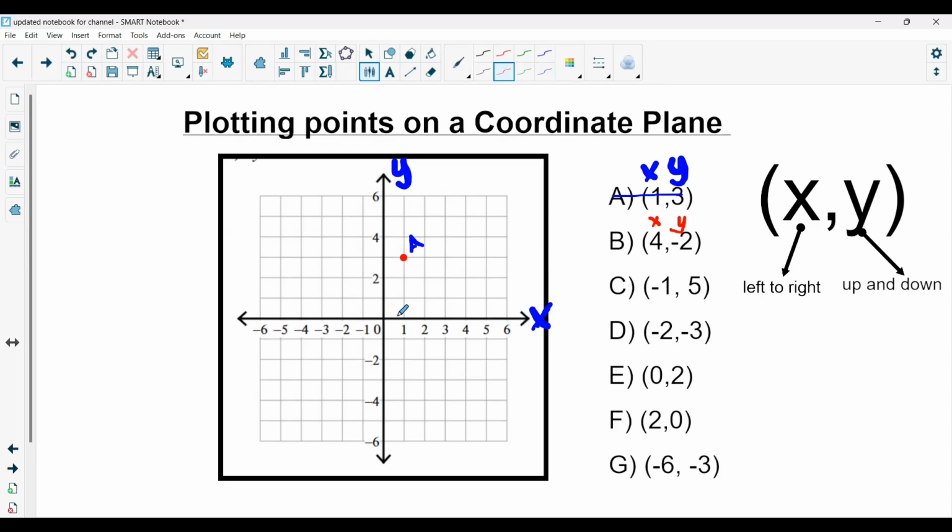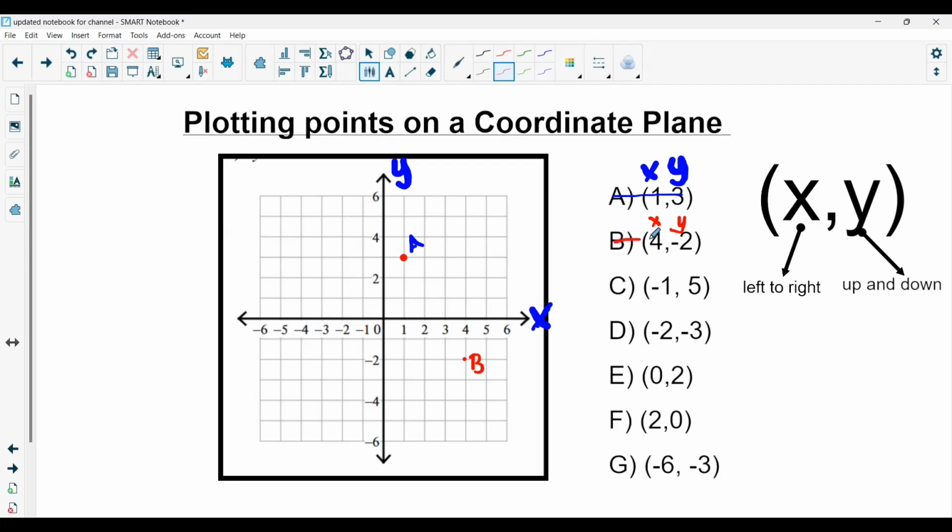So we're going to go 4 spaces to the right. 1, 2, 3, 4. And our Y is negative 2. So we have to either go up or down, but we have a negative number. Negative numbers are going down. Okay, so let's move down 2. 1, 2. We're going to put a point there and we're going to label it with the letter B. There we go. So now we have B.